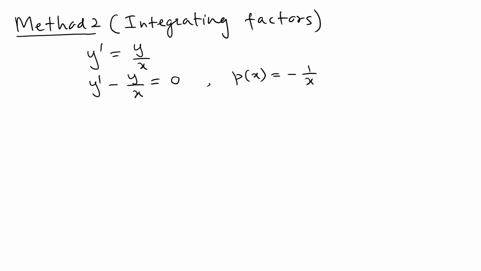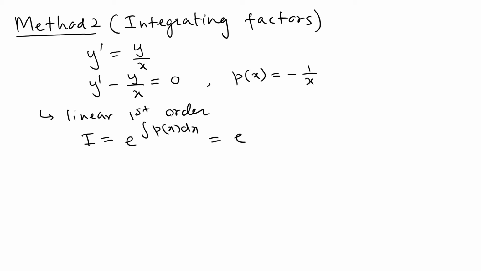So we can find the integrating factor. Because this is a linear first order equation, we normally use the integrating factor method. The integrating factor, which we normally write as I, is e to the integral of p of x dx, which is e to the integral of negative 1 over x dx.